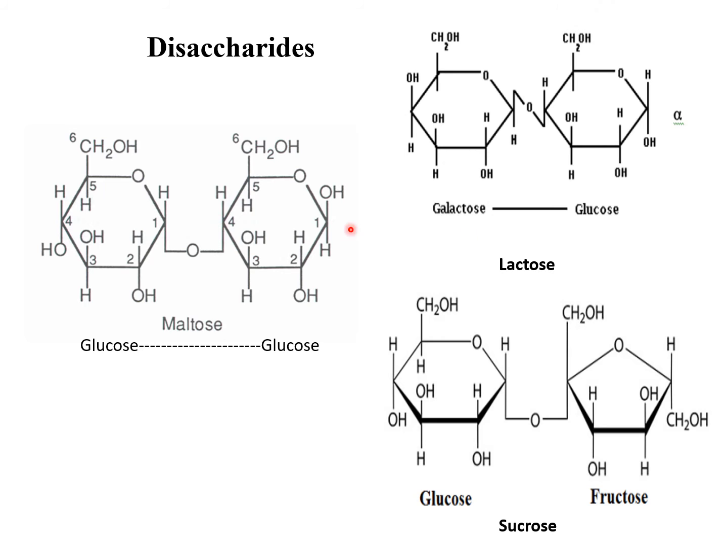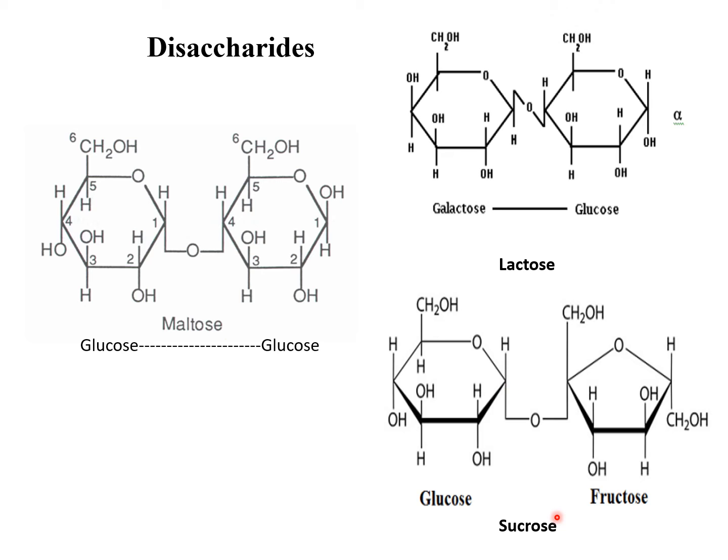Next, coming to lactose. In lactose, the hydrogen group is below the plane, so normally it is called beta. The combination of beta galactose and alpha glucose is said to be lactose. Next, sucrose.